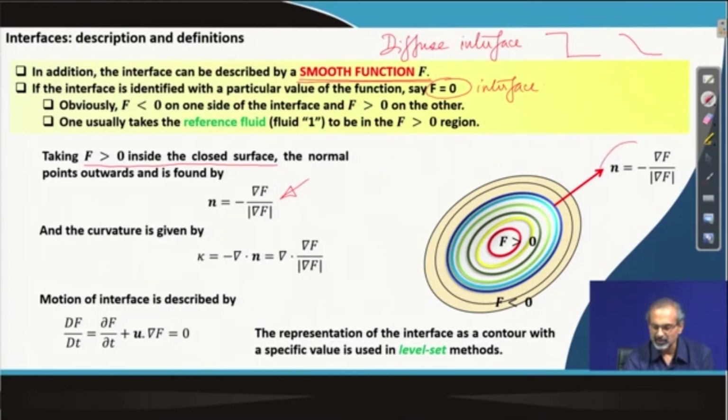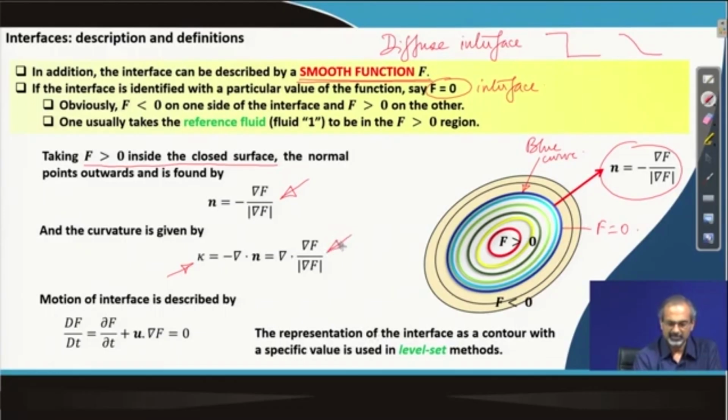So, that is the unit normal pointing out. So, f is greater than 0 inside this blue curve, which is essentially the boundary, and ideally we should have f equal to 0 at the boundary. The curvature, as we discussed earlier, can be found from minus the divergence of n.